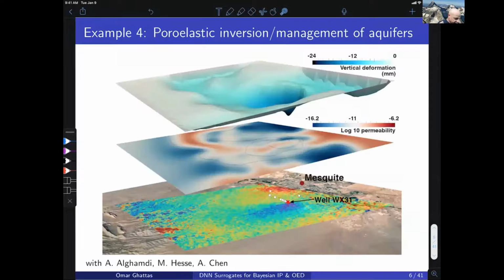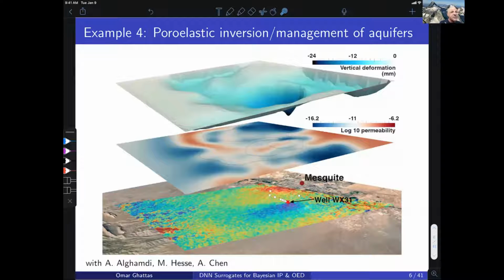Here's the last example I'll show, and that is a well. There's a well here in desert regions. In the west of the U.S., we're experiencing severe droughts, and we tend to have overproduction of aquifers, leading to a potential collapse in the pressure, in which case you may have collapse of the pore space, and the aquifer cannot be recharged when the rains come.